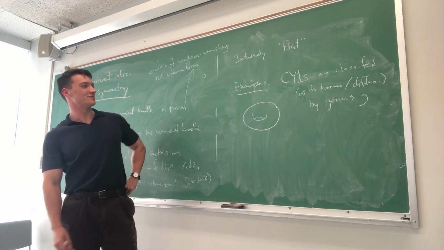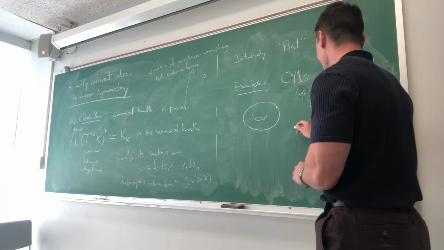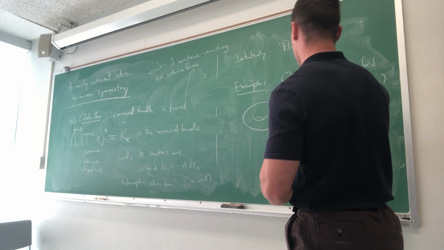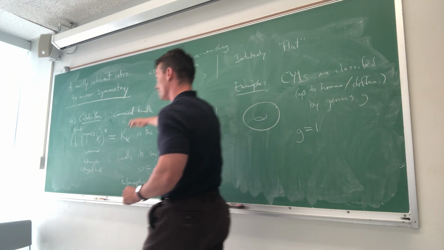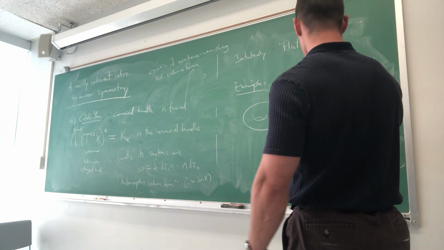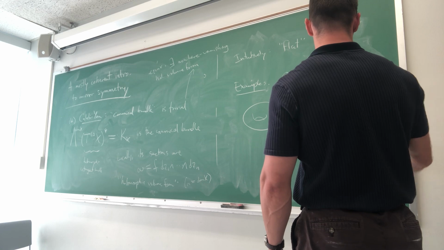I was hoping to give a quick derivation of why this is the case, but let's skip it. It's not hard to check that the only genus that gives you a trivial canonical bundle is genus 1. And this is the only Calabi-Yau.